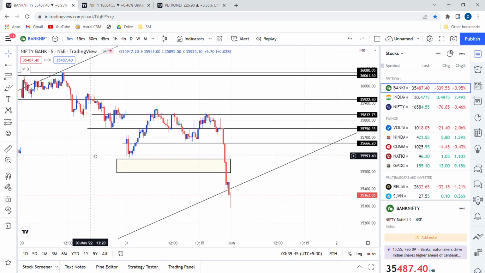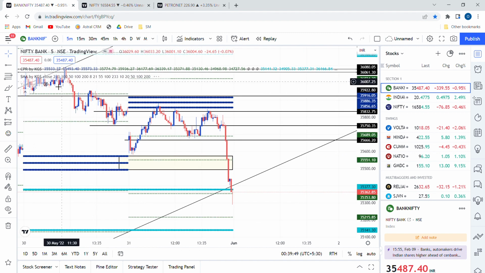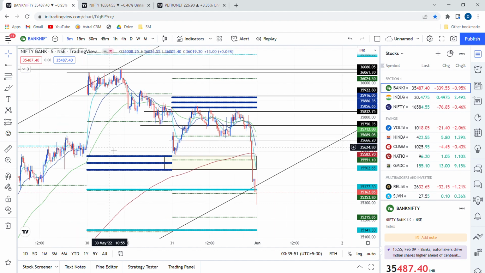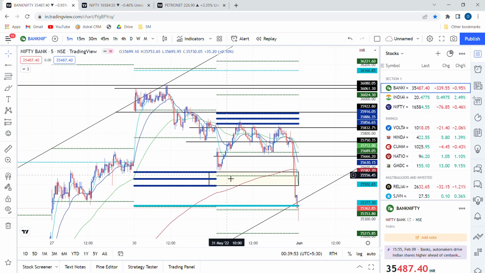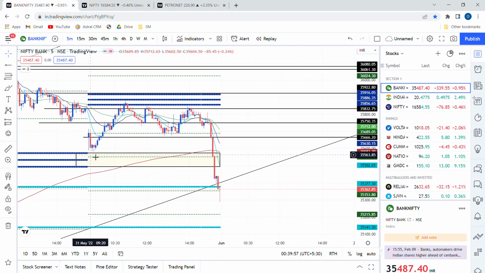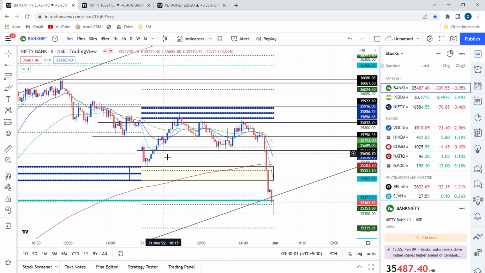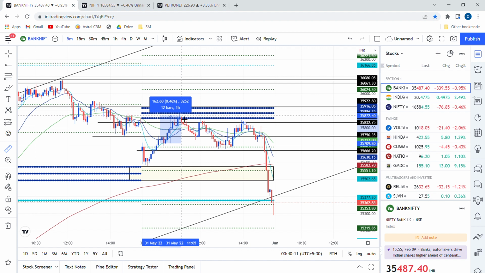So what happened was, this is the virgin CPR. If we make all our indicators visible, today the market didn't try to touch the virgin CPR, but from here it reversed, and this was the location where the price started reversing and faced rejection from the CPR.